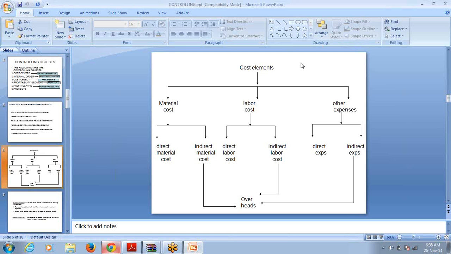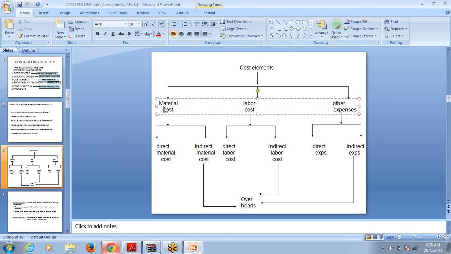Here, you take the cost of any product. Broadly, it contains three components. Number one, material cost, then labor cost, and other expenses. Listen to me very carefully, all your doubts will be clarified.